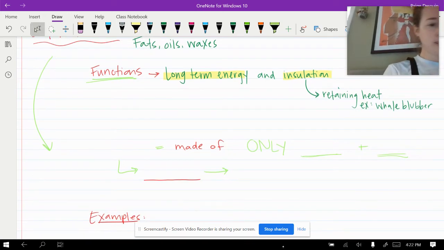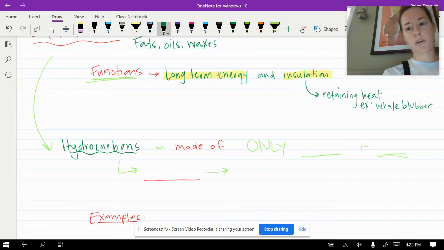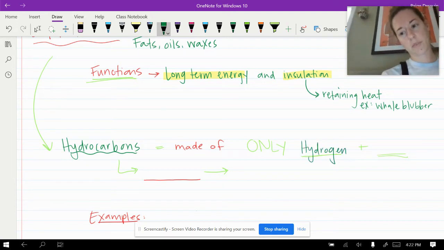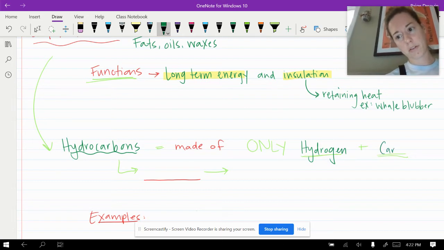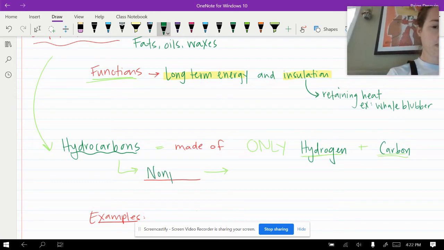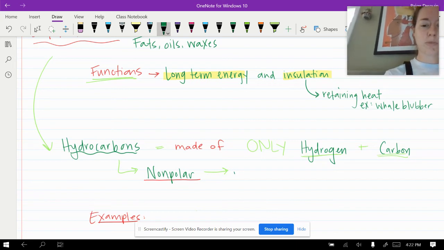Lipids are hydrocarbons, which means that they're made of only hydrogen and carbon. And because they're only made of hydrogen and carbon, they are nonpolar, which means that they resist water because water's polar.